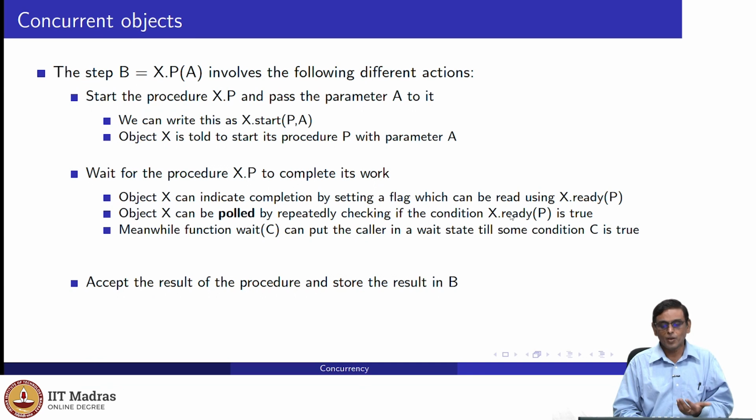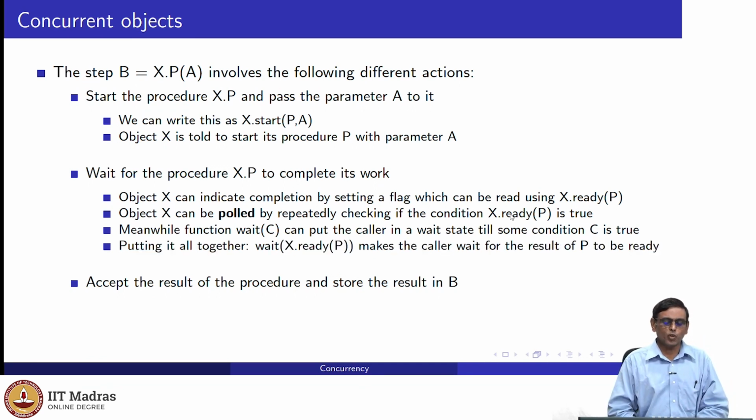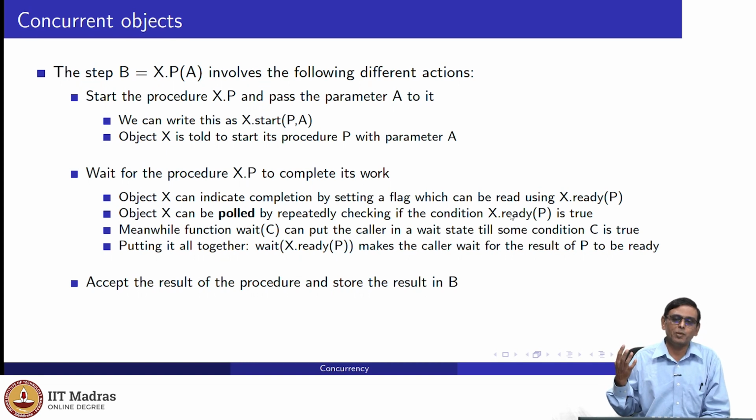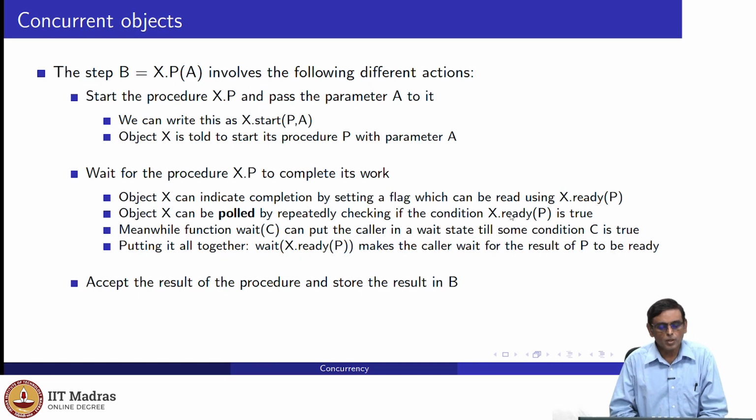Obviously, we should wait for x dot ready P. So the simplest thing for the caller to do is to wait simply for x dot ready P. And when does x dot ready P become true? It becomes true when procedure P finishes, and then procedure P sets the flag to true, and that makes the x dot ready P call come out as true.